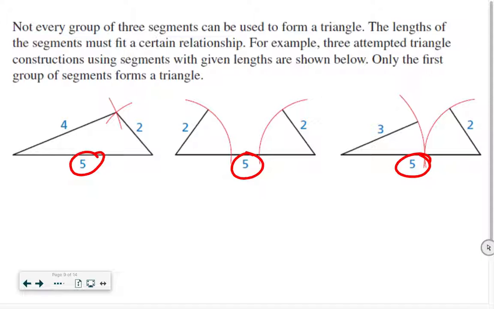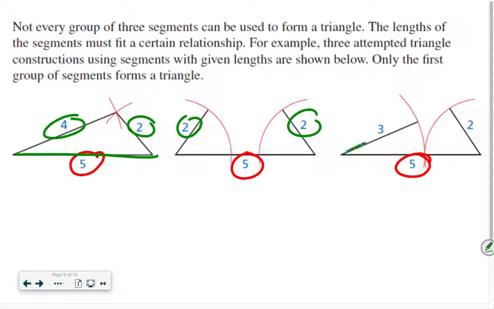So if my longest side here is 5, then the other two sides have to be long enough that they'll crash into each other before ever enclosing flat down on that side. If they're too short, then you'll never be able to touch them together, right?